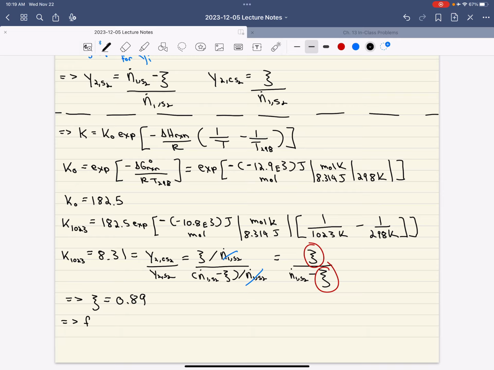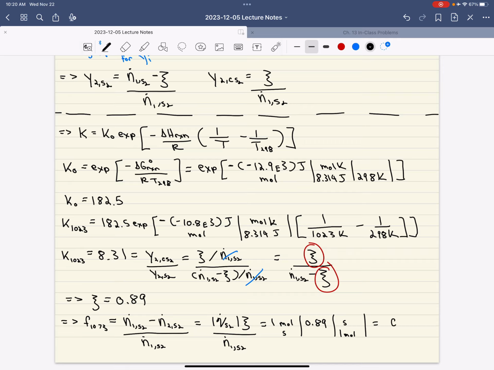All right, so now what we want to do is calculate that fractional conversion. We had this equation before, sort of a general one. But what we could do now is also plug in our equation for N2S2, and when we do that, all we're left with is just this. Okay. So we'll plug in the 1 mole per second multiplied by 0.89 divided by 1 mole per second.